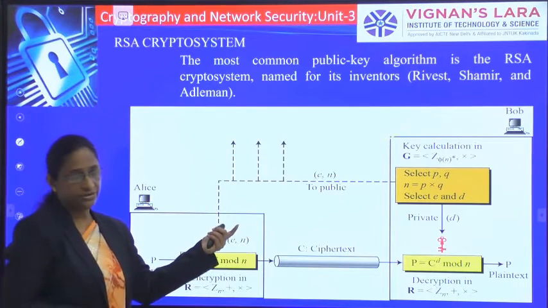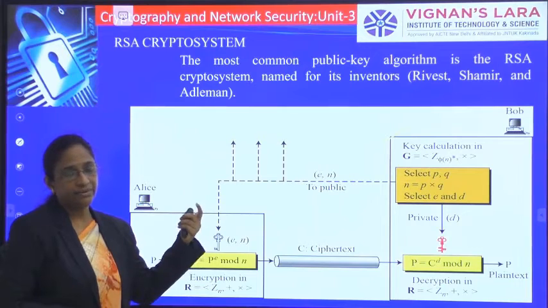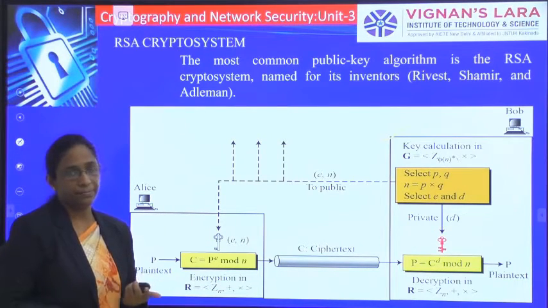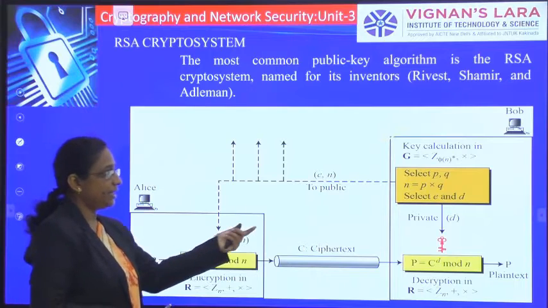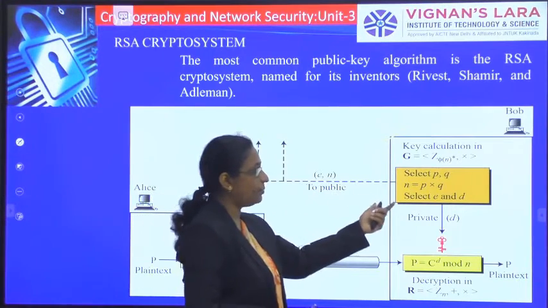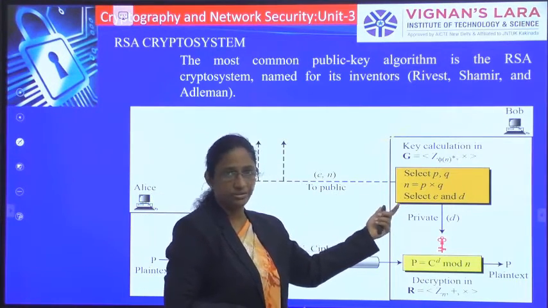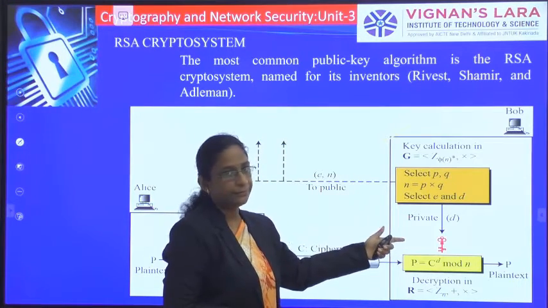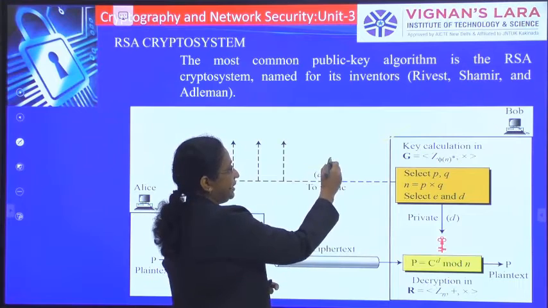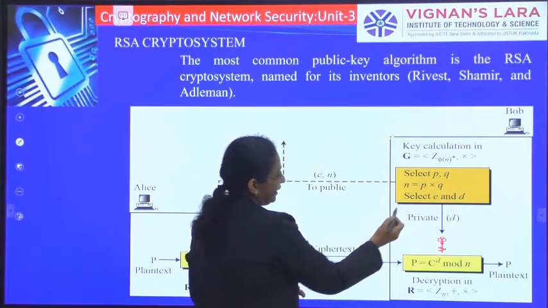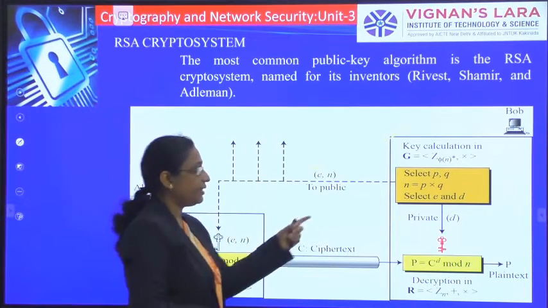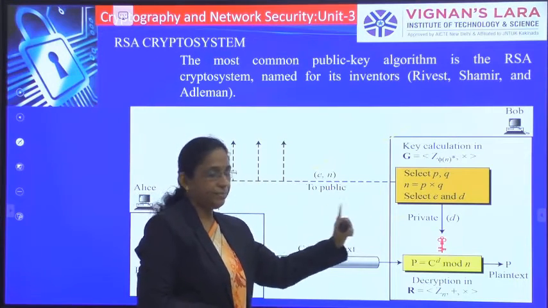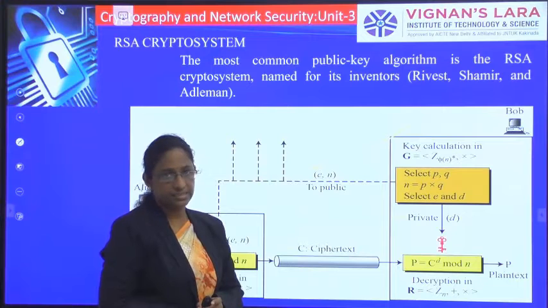The receiver generates the public and private keys using the key generation algorithm, then keeps the private key secret and announces his public key. Here, Bob has generated his public key and private key using that algorithm. The public key is (E, N) and the private key is D. He announces his public key and keeps the private key secret.